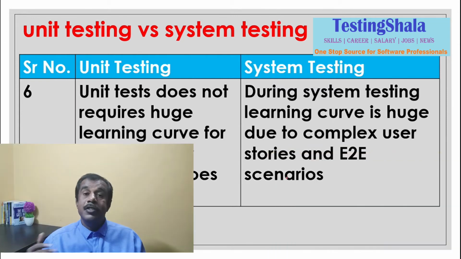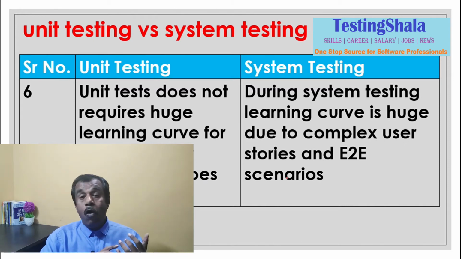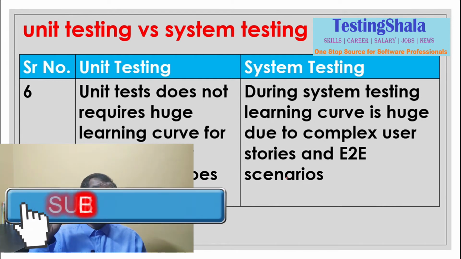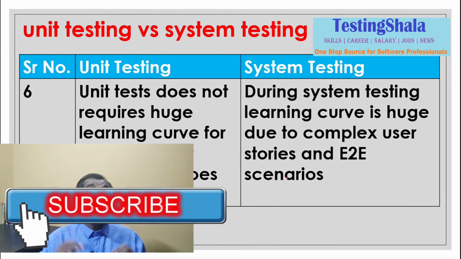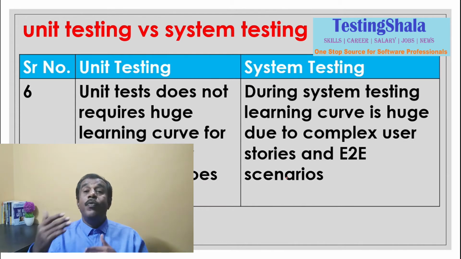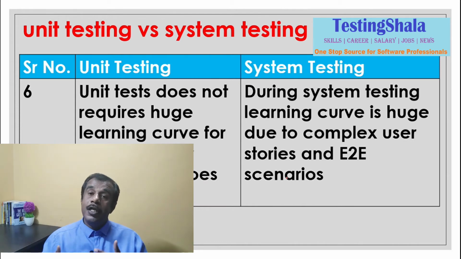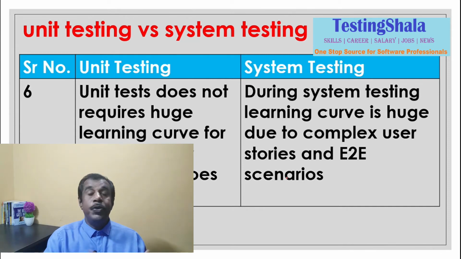But that is not the case in system testing, because the tester, or even a developer who does the system testing, has to understand the complete nitty-gritty of all the end-to-end requirement specifications, every aspect, just to ensure that we write adequate test cases for system testing as well as our end-to-end scenarios. That is where we spend a lot of time and energy, and the learning curve is also very high in system testing compared to unit testing.